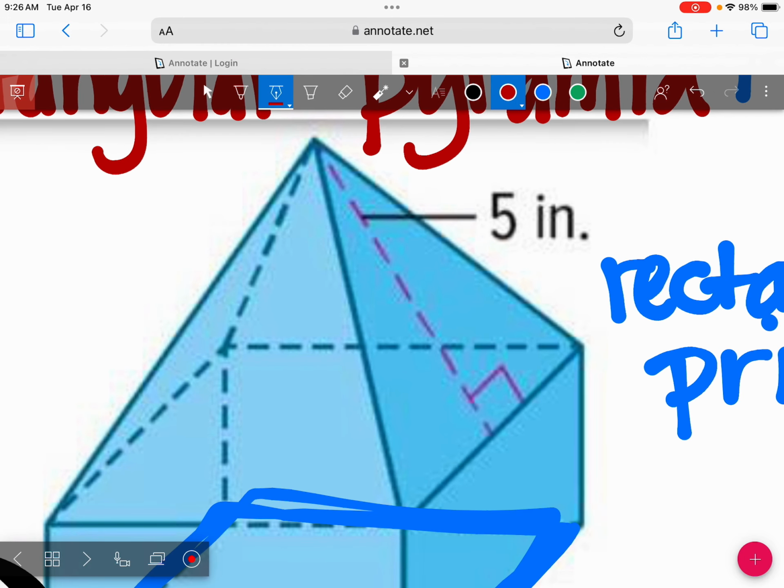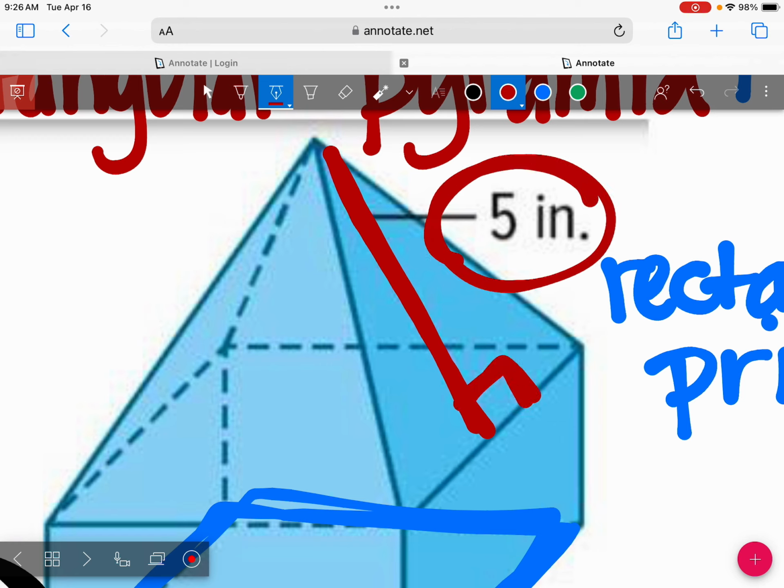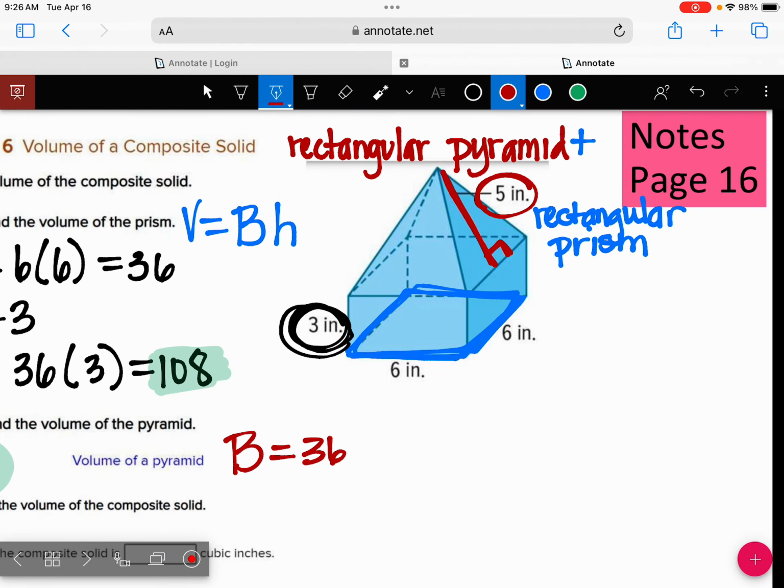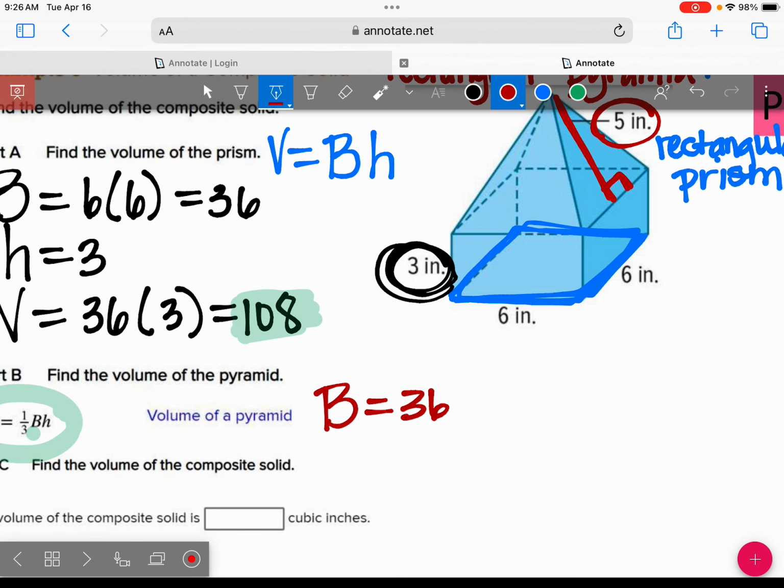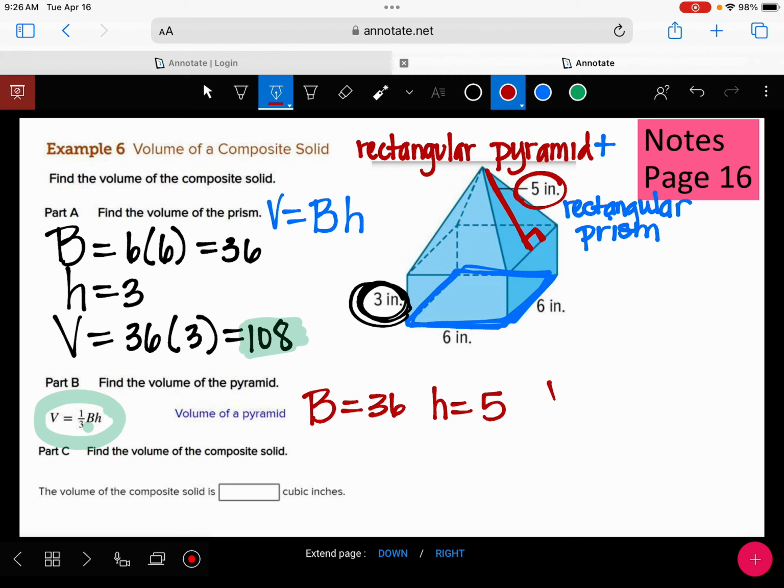But the height of the pyramid is different. So do you see here how we have this line? That represents the height because you see this little 90-degree angle. That means that I'm using 5 for the height of my pyramid. So I have the height is 5. So to find the volume, you're going to take 36 times 5 divided by 3. That's your formula. So go ahead and figure out what you get.